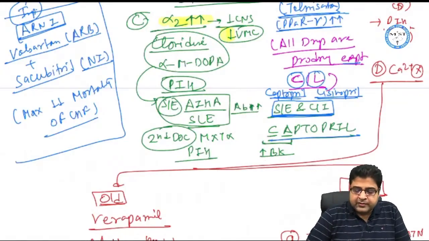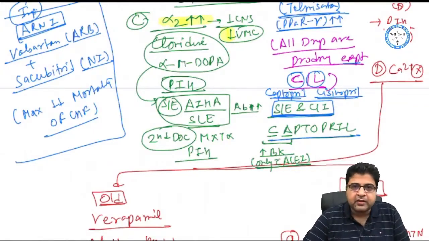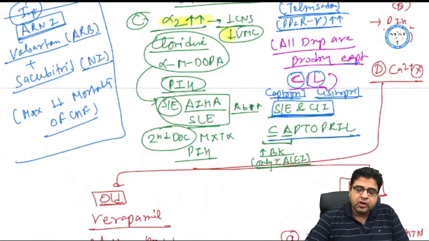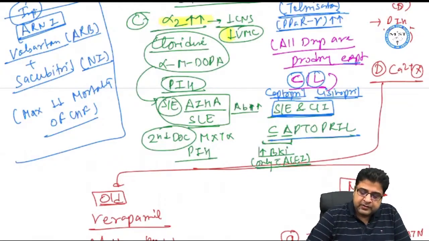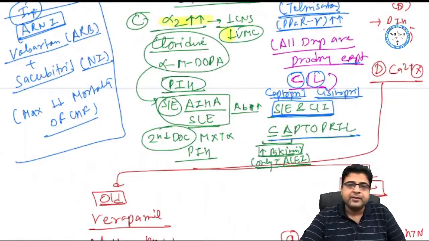This side effect is only seen with ACE inhibitor, not seen with ARB. So cough and angioedema are two side effects which are seen only with ACE inhibitor, and the reason is increased level of bradykinin. So ACE inhibitors are associated with increased bradykinin, but ARBs are not.